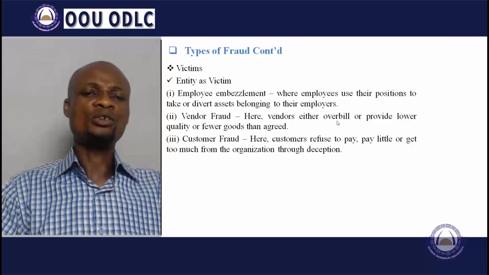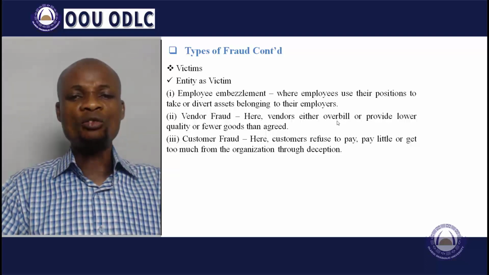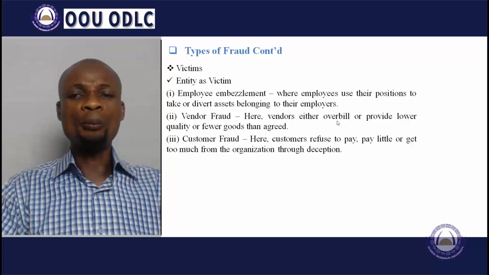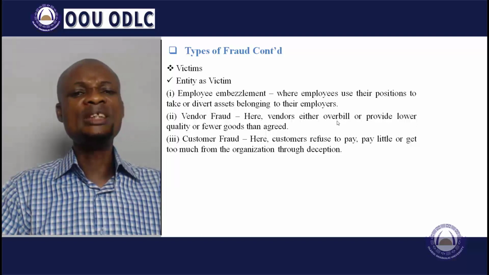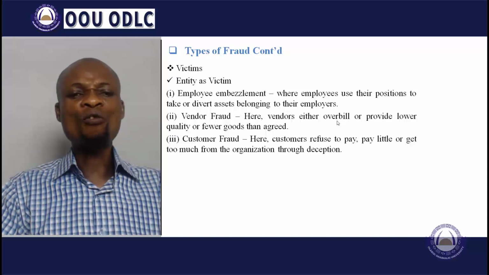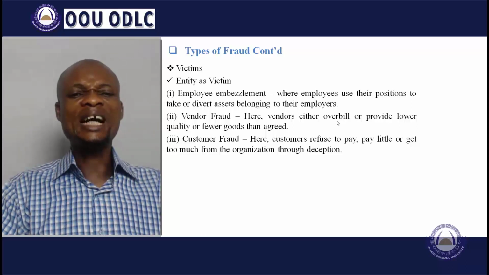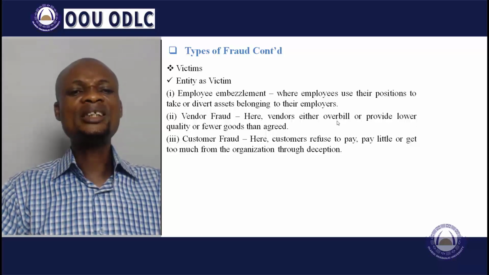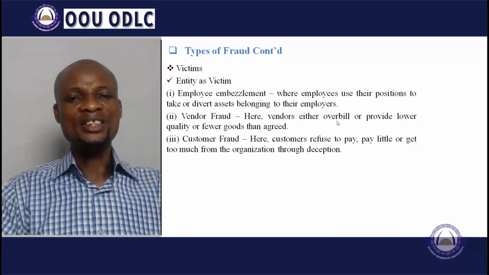Also, we have customer fraud. Customer fraud is the one coming from the side of the customers, where they refuse to pay, or they pay little, or get too much from the organization through deception. All these are forms of fraud coming under the entity as a victim. In all these three types we have considered, the entity serves as the victim.